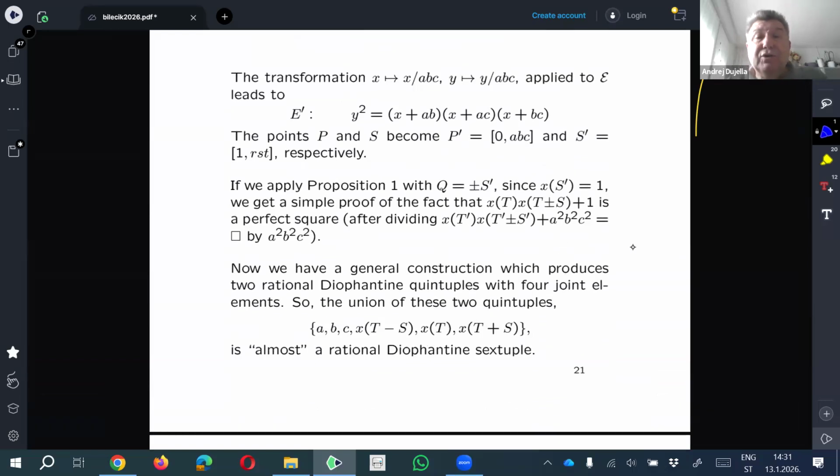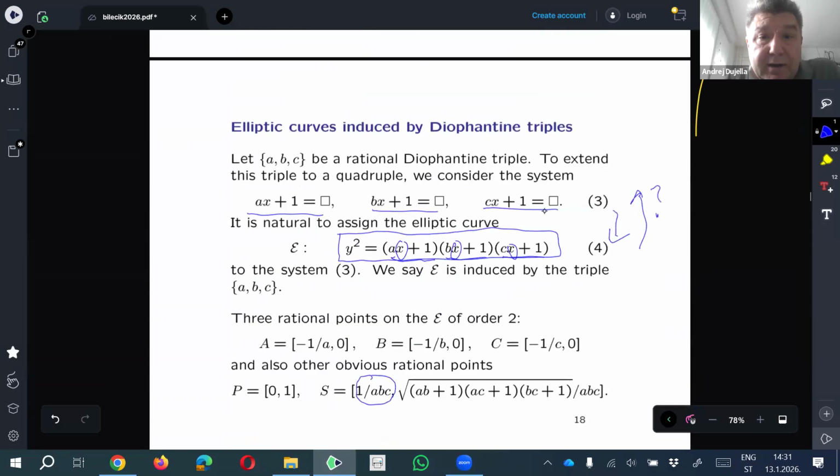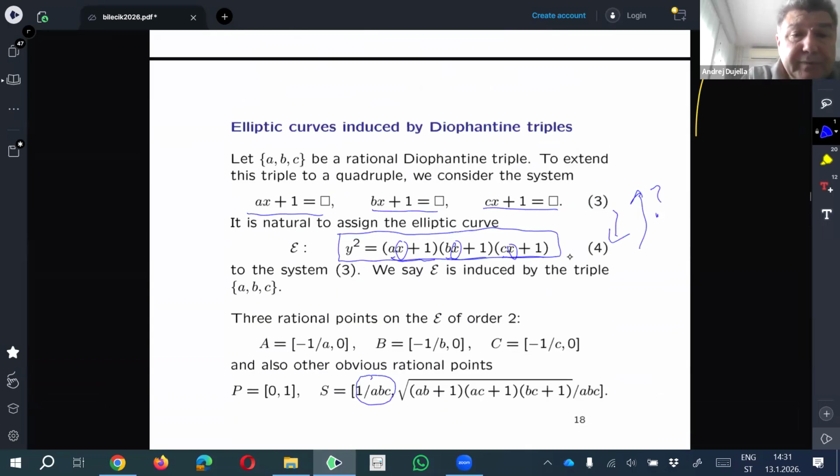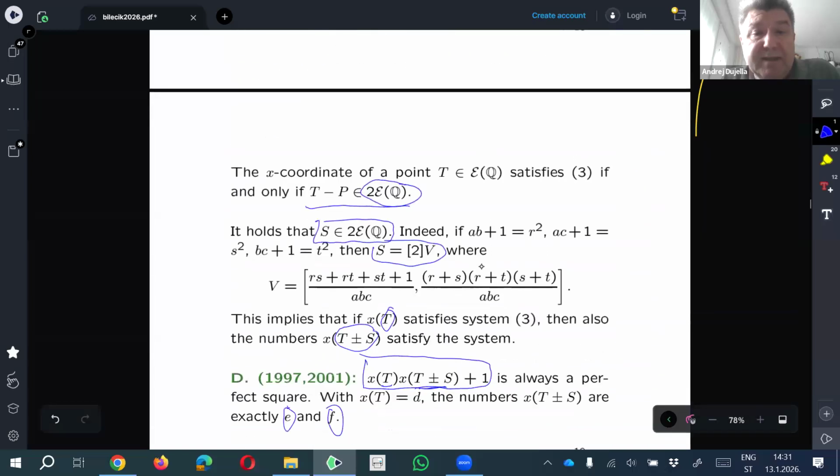So what is also special with point S? Point S has first coordinate 1 over ABC. But this was for the shape of curve written here, which is not in Weierstrass form. In particular, this polynomial is not monic. It has first coefficient ABC.